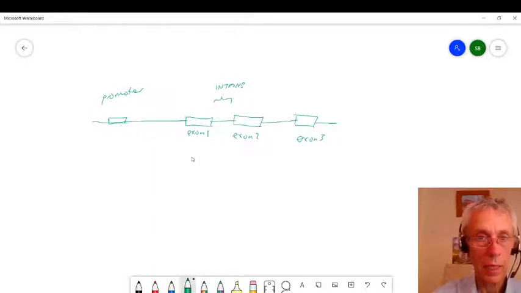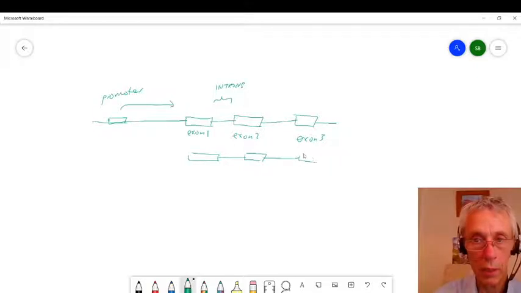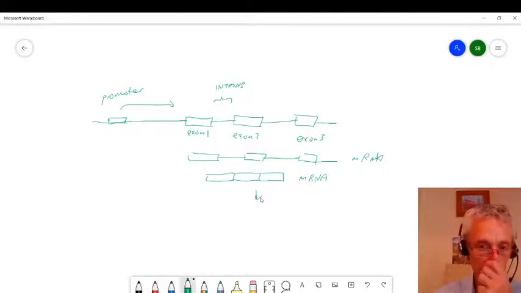So usually what happens is that the promoter gets the gene to be transcribed into messenger RNA, and that messenger RNA is then processed to remove the introns, so you end up with the mature RNA, which drives protein synthesis.